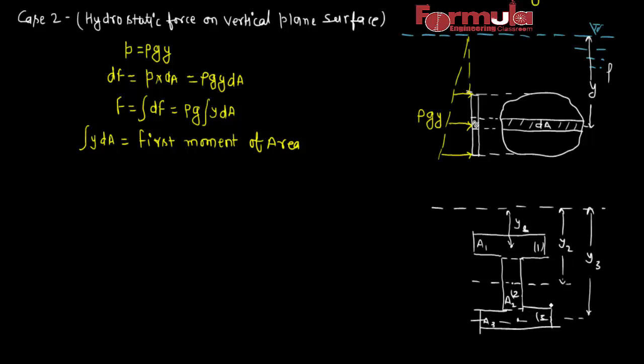So you are interested to calculate the center of gravity of this whole I section. Let's suppose the total area of this is A. So I can write A and y bar. What is y bar? Y bar is the center of gravity of this whole I section.